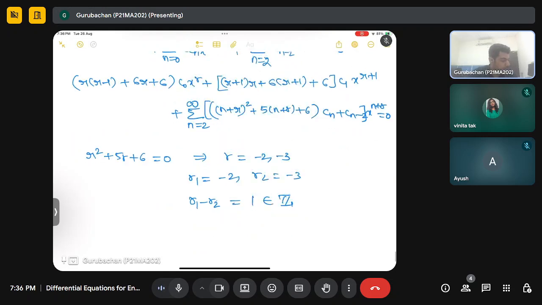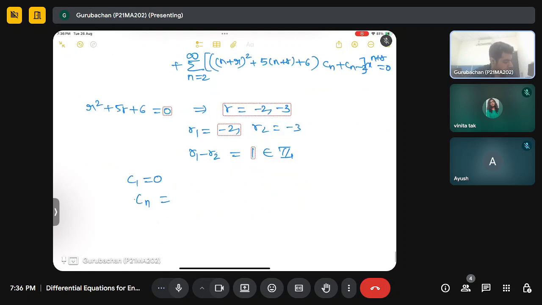So in this scenario, you will now follow up this second term. From the second term, you will get c1 to be directly 0, because this quantity is nothing but a non-zero quantity. So cn is, with negative sign, cn minus 2 divided by n plus r whole square plus 5 times n plus r plus 6, and n will be 2, 3, and so on.